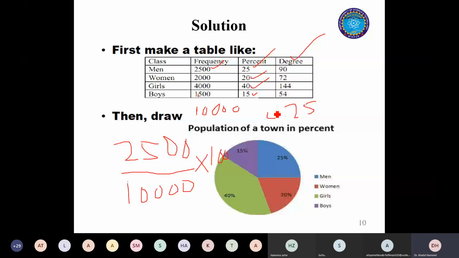You either directly write 0.25 or you can write it 25 divided by 100. So these are two options available for you: 25 divided by 100, and then you need to multiply it with 360.